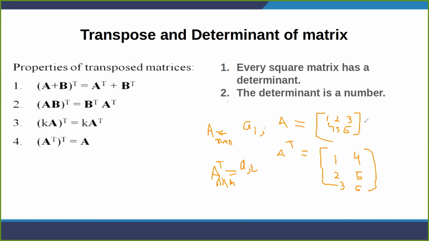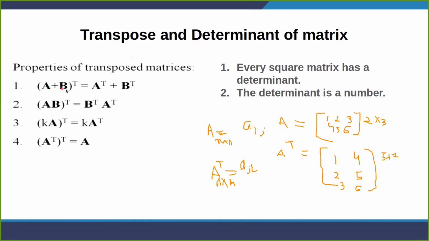So what was this? This was 2 rows and 3 columns. Now what do we get here? 3 rows and 2 columns. So this is the A transpose, and it has particular properties.